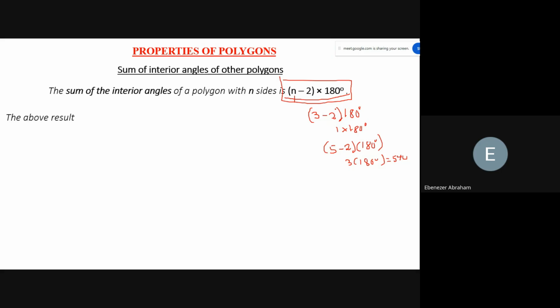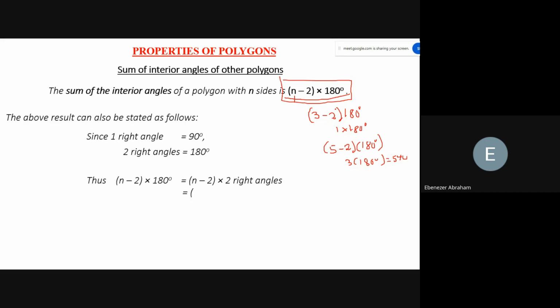The above result can also be stated differently. Somebody may decide to expand it. This is a different way you can write it, but you're going to get the same thing. We know the 180 degrees is made up of 2 right angles, in other words 90 plus 90.